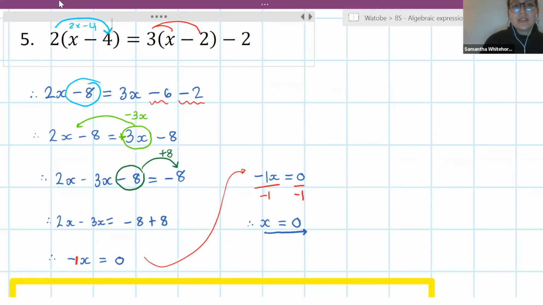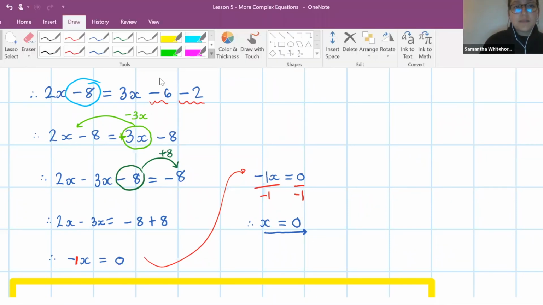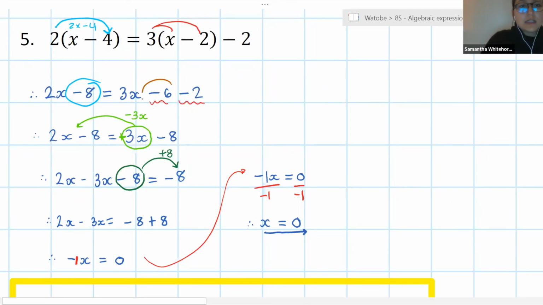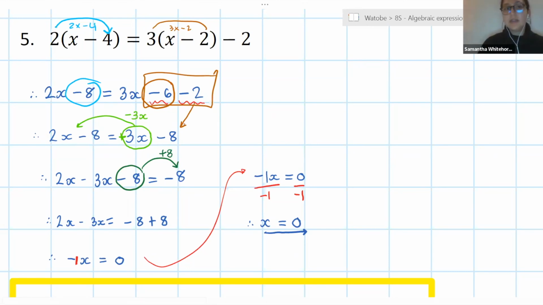Now, the -6 on the other side came from saying 3 times -2, so the distribution in the first step. And then I saw that I had like terms over here, so I simplified it to get -8. So -6 minus another 2 is -8, right? So that's where those two values came from.